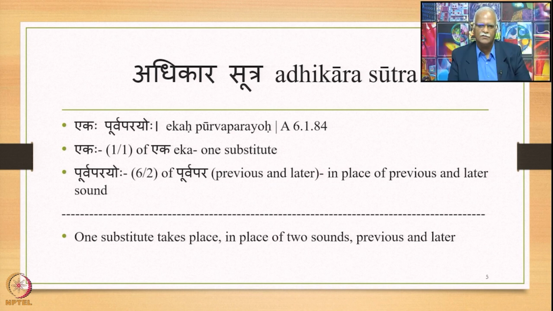Purva Para is the Pratipadika and Purva Parayoho is the 6/2 of Purva Para. Purva is previous, Para is latter. So in all, this sutra means one substitute takes place of two sounds, namely the previous one and the latter one.